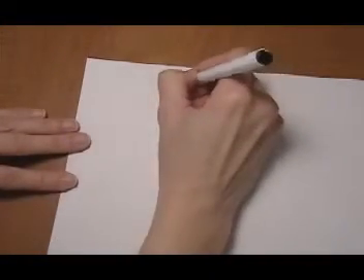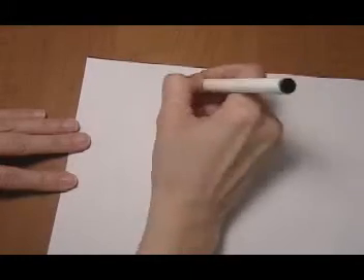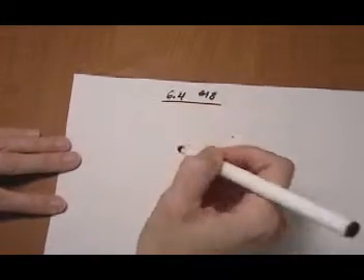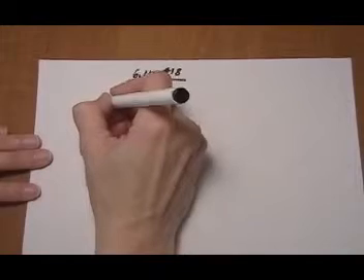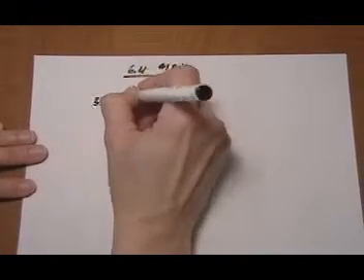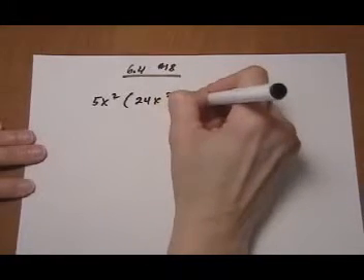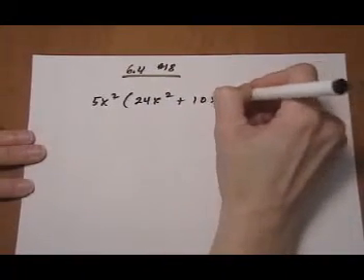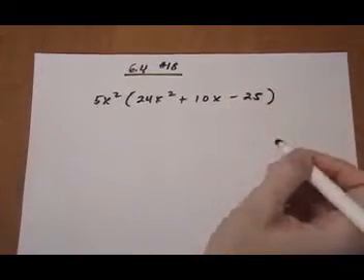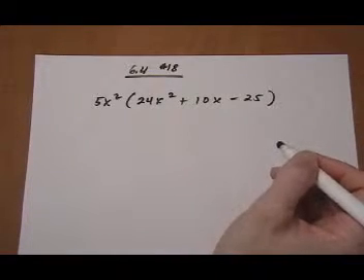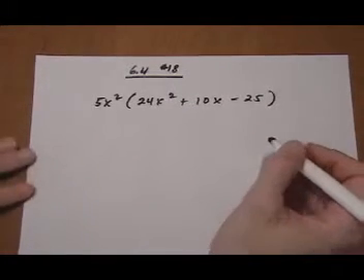So this is still 6.4, number 18. And let's go ahead and just start with the GCF already factored. 24x squared plus 10x minus 25. And now we're going to want to go through the steps of factoring by grouping.